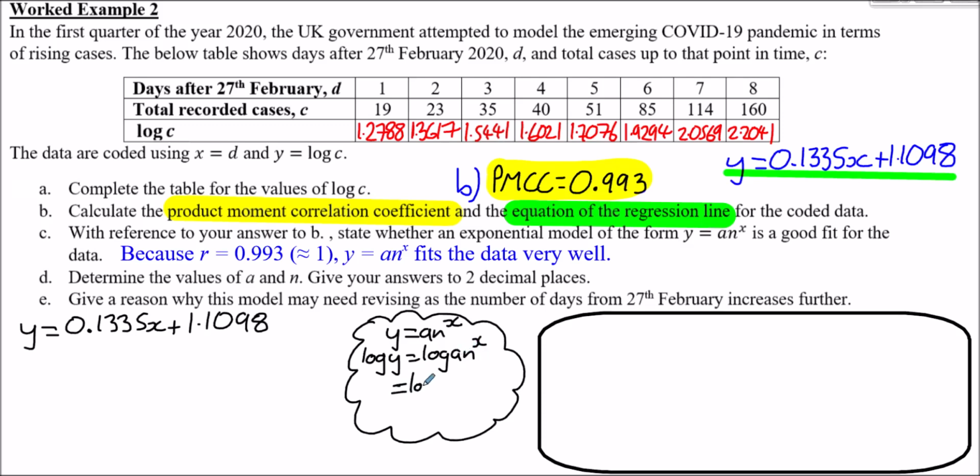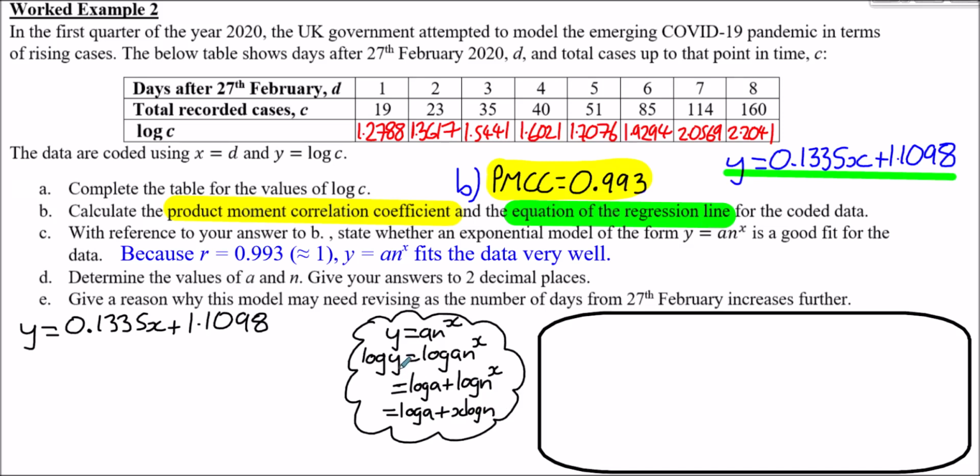So that becomes log of a plus the log of n to the power x. And then you've got the log of something to a power. You can drop the power to the front. So log y is log a plus x log n.